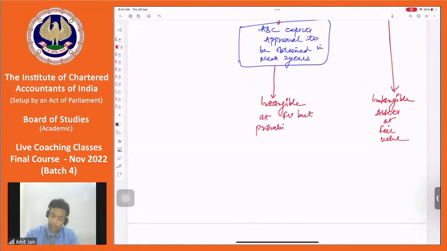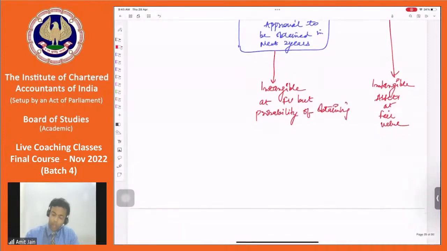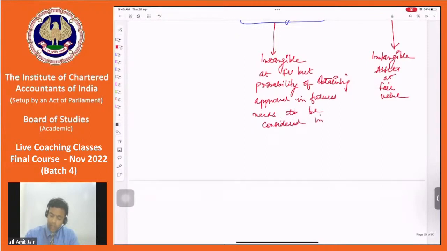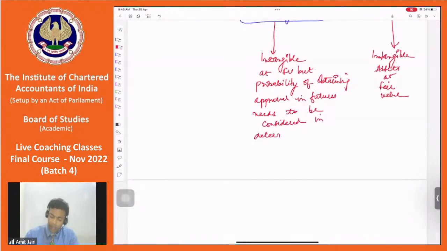But the probability of obtaining approval in future needs to be considered in determining fair value.